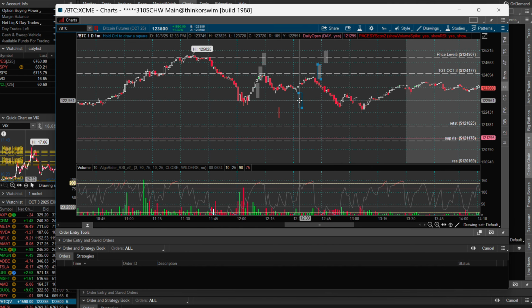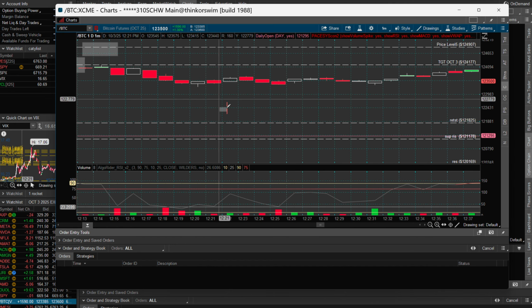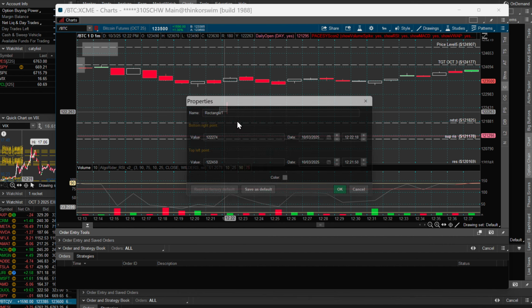I'm looking for this candle. We're looking for this candle to form.